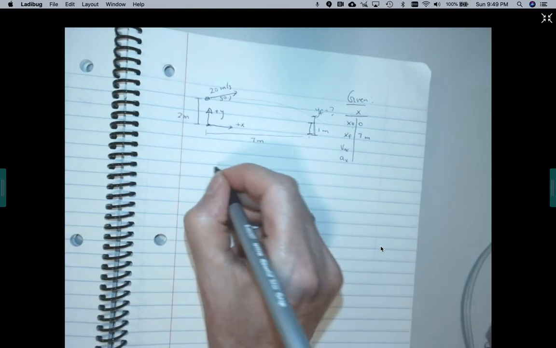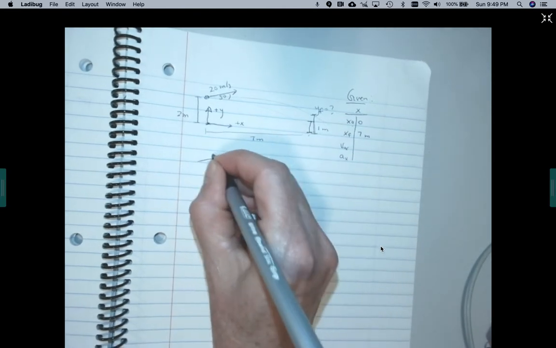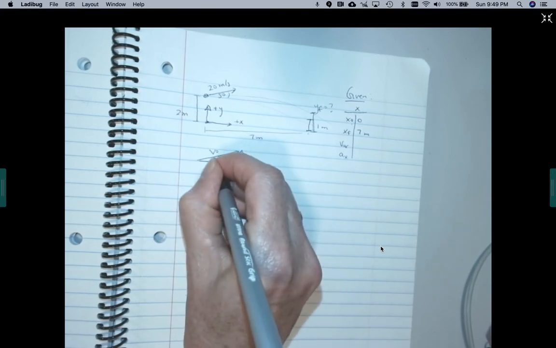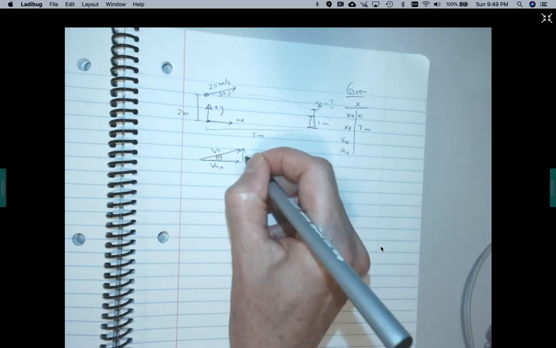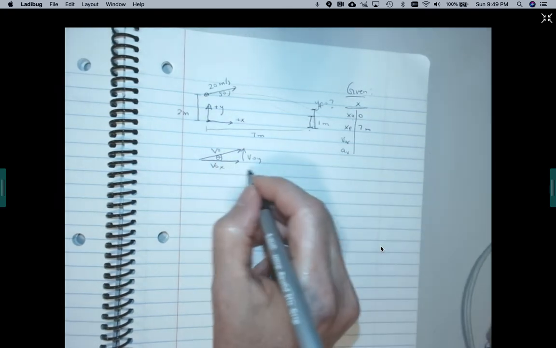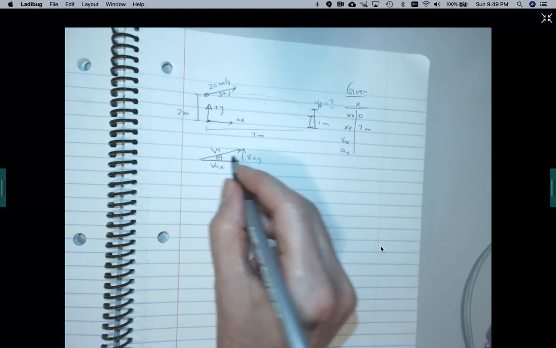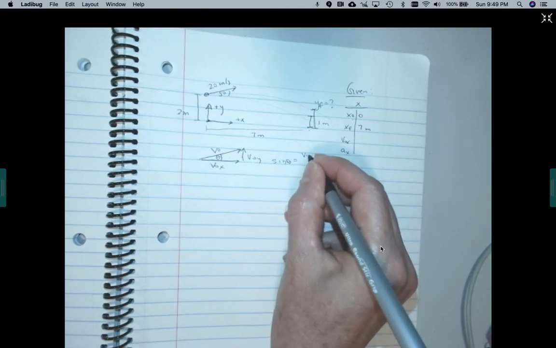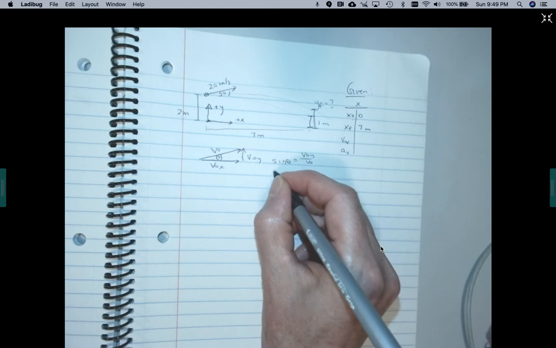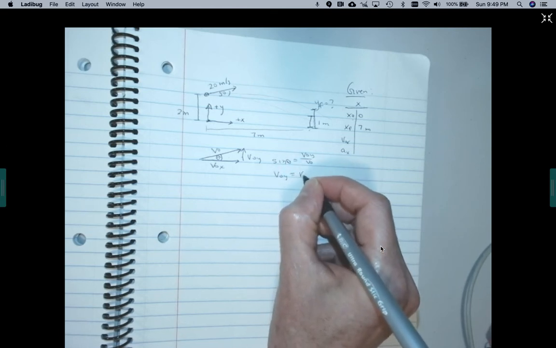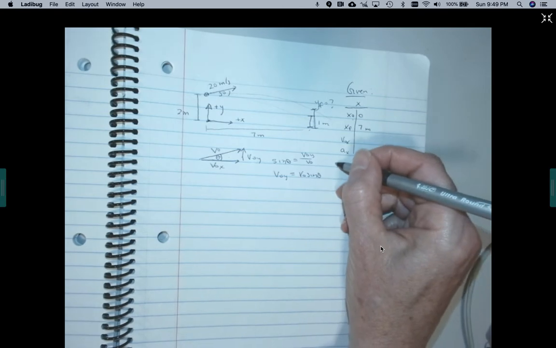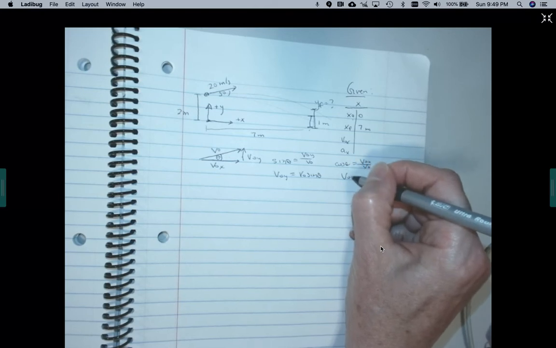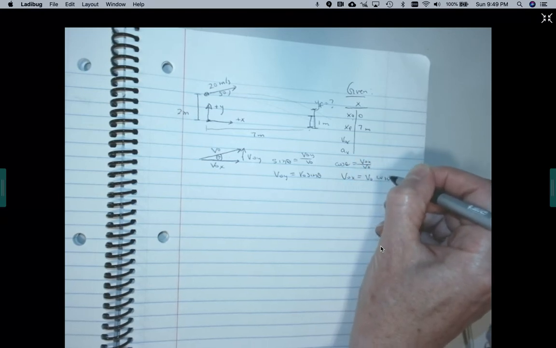We have a velocity at an angle, so here's v0, and there's theta, and here's v0x and v0y. So I can do my trig. Sine is the opposite side over the hypotenuse: sine theta is v0y over v0, so v0y is v0 sine theta. Cos theta is v0x over v0, so solving for v0x, I get v0 cos theta.